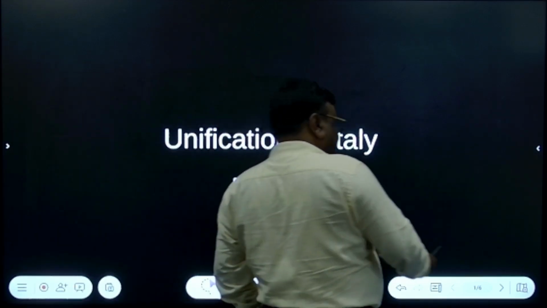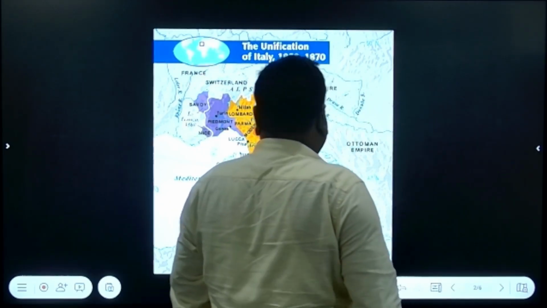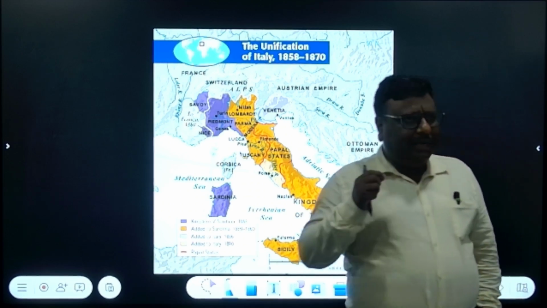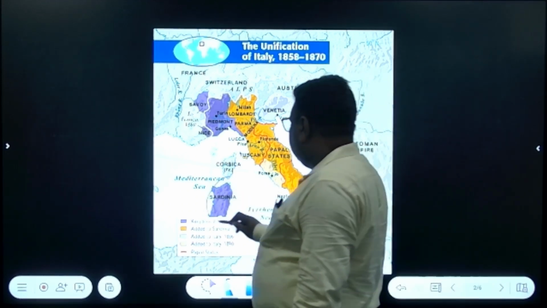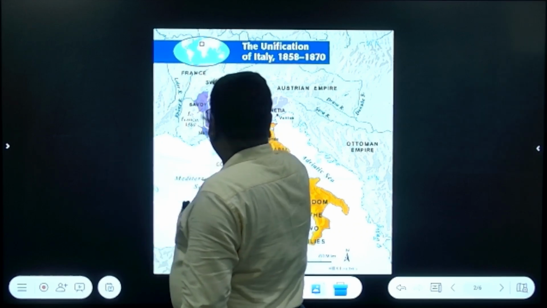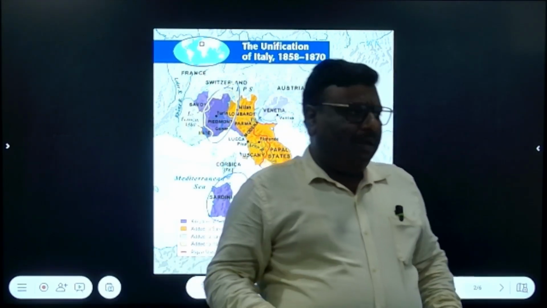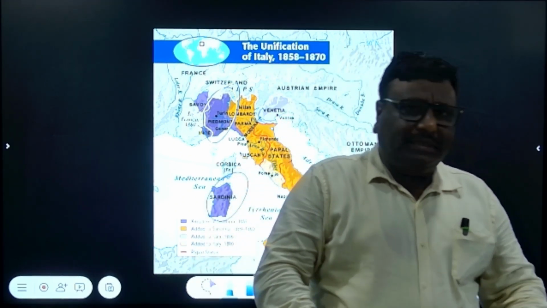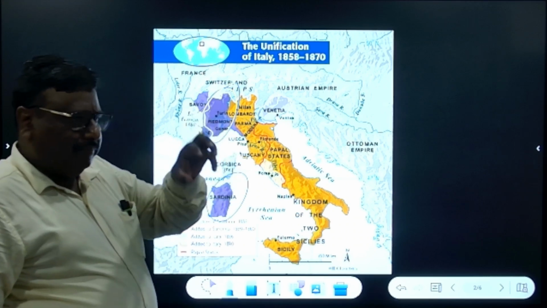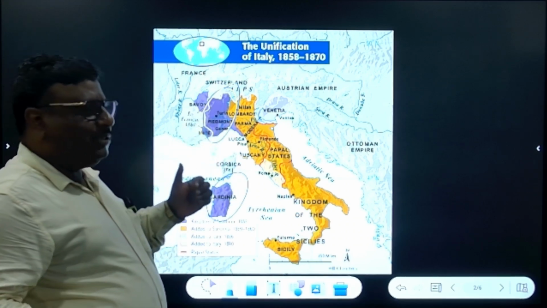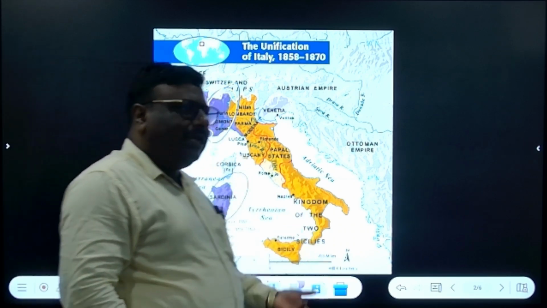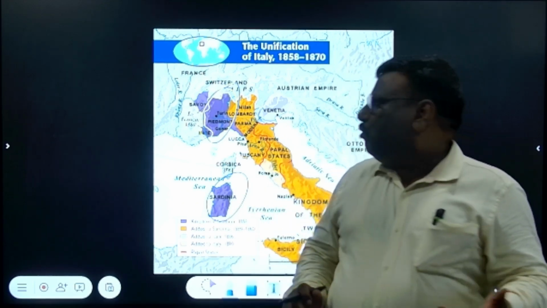You should remember these regions: Sardinia, Piedmont, Parma, Modena, Tuscany, Naples, Sicily, Rome, Venetia. In these regions Italian people were spread, but these regions were not recognized as a state. They were either directly or indirectly controlled by Austria.